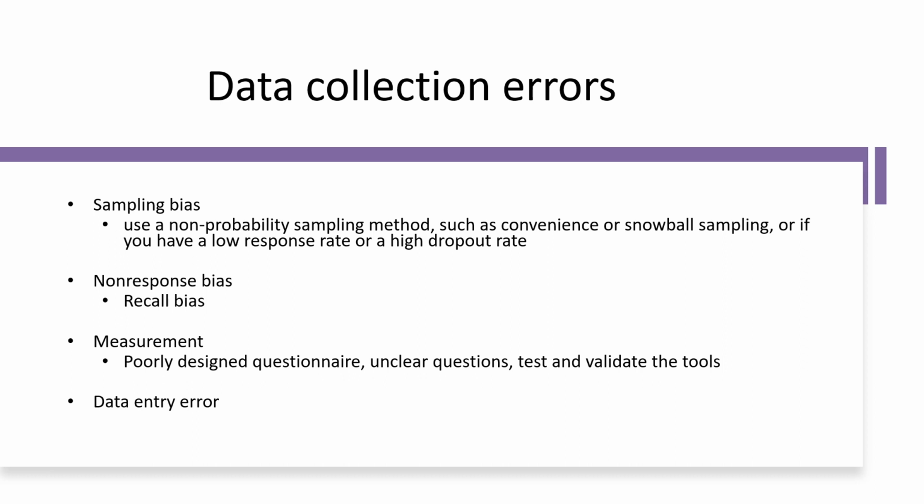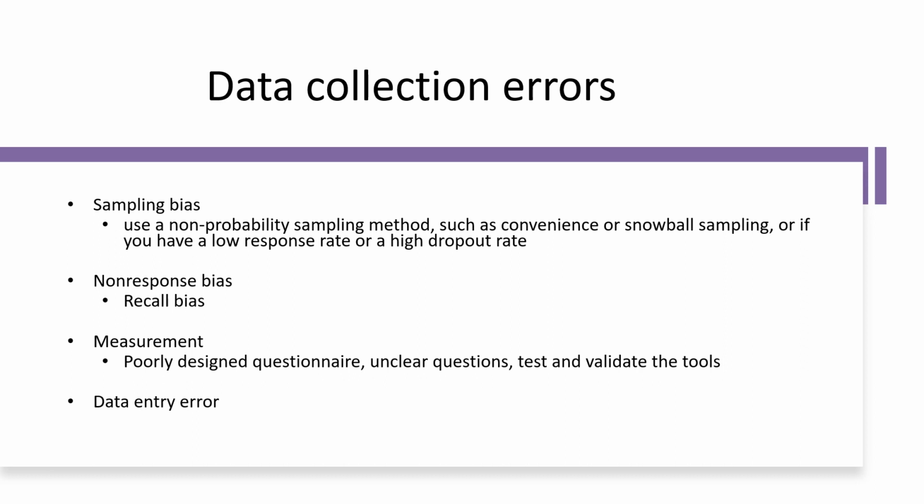If your questionnaire is poorly designed, say for example the questions are not clear, that would definitely affect the studies. So it's always best to test and to validate the tools. You would have had things like pilot testing a questionnaire just to be sure that the questions you're asking are clear to the people and that people are giving you the responses that you would expect.